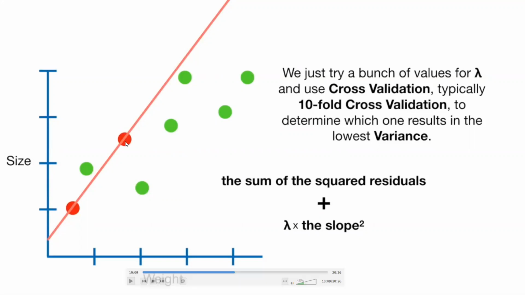How well does this line perform on this validation set of these 6 points? This is just an example of one fold, the first fold, where we have these 2 points as my training set and these 6 points as my validation set.